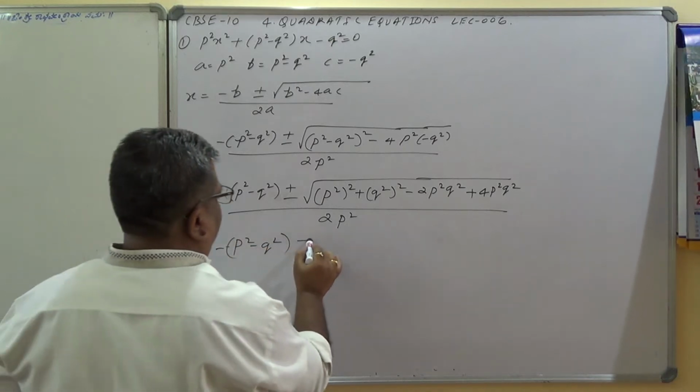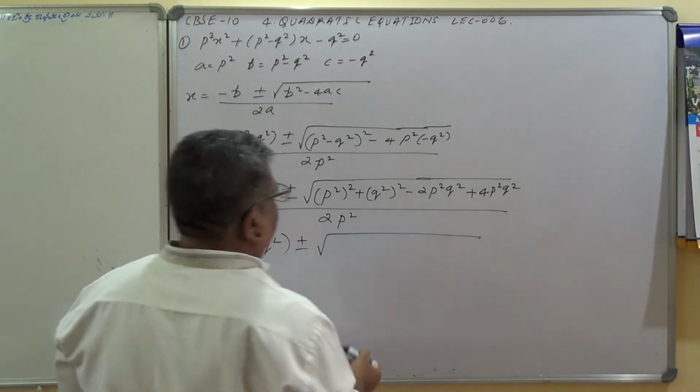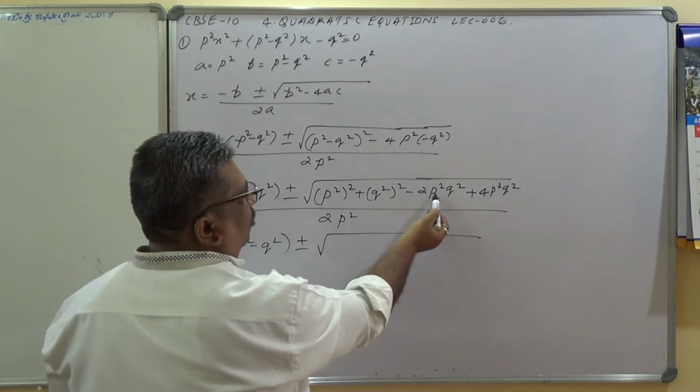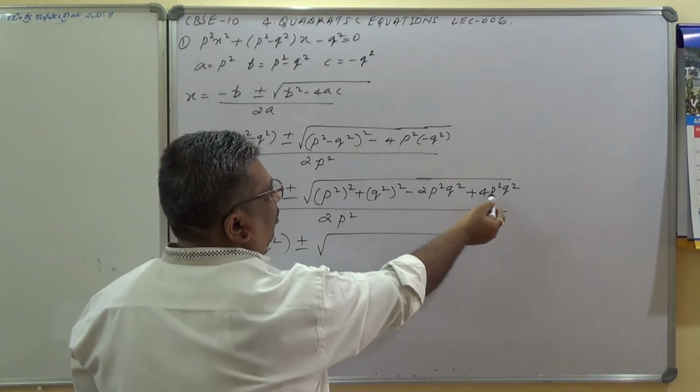Here, plus or minus under root of p square q square, see here, it is minus 2p square q square, this will be plus 4p square q square.